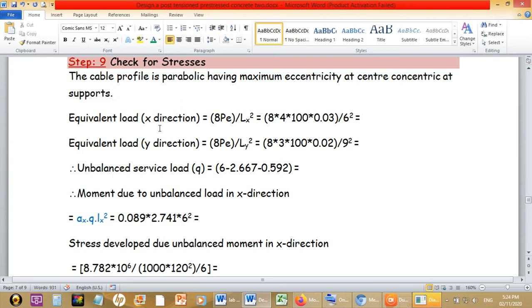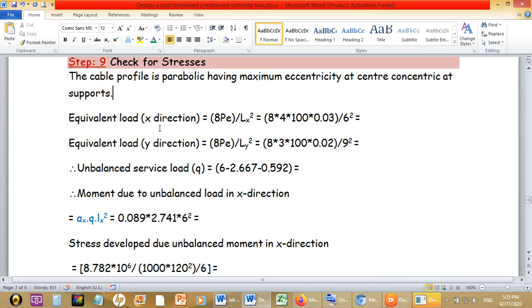In those PPTs I explained that three methods are there: the stress method, the load balancing method, and the force method to find the stresses. Out of those, T.Y. Lin developed the load balancing method. In the load balancing method, we are calculating the balance load.